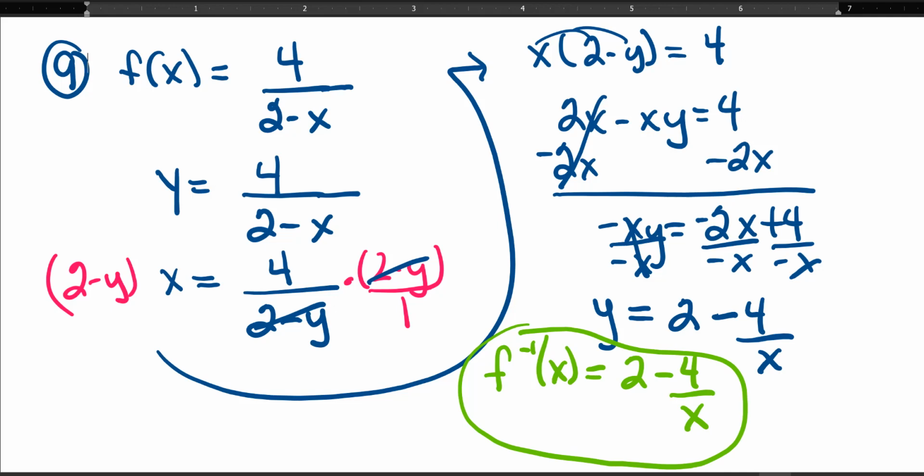Now the question here is asking us to find the domain and range for the original function as well as the inverse function. Well, what I'm going to do is leave this for a class discussion when I see you next class. So I want you to write down what you think the domain and range for the original function and the inverse function will be, and then we'll talk about it.